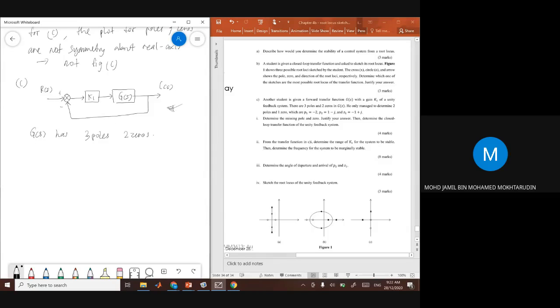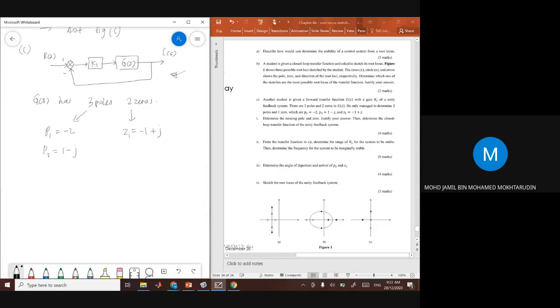Okay, so from the unity feedback transfer function, you can straight away use the poles and zeros from G(s) to sketch the root locus. So 3 poles, you have P1 equals -2 and P2 equals 1 minus j, and zero Z1 equals -1 plus j.